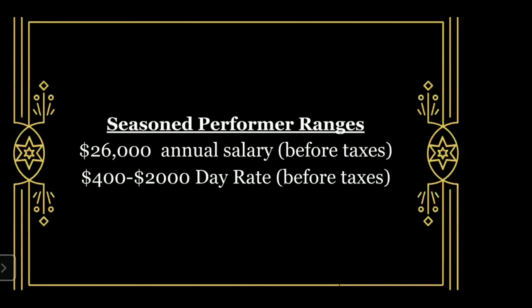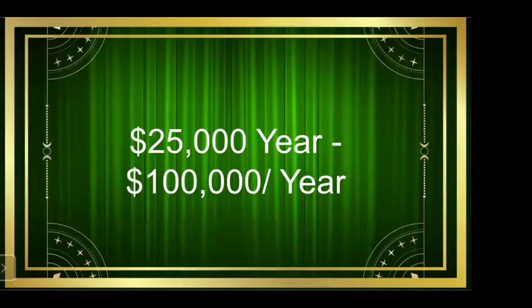And so if you're a seasoned performer who wants to earn $100,000 annually, your range would be $400 to $2,000 for your day rate before taxes. So again, this is between $25,000 to $100,000.